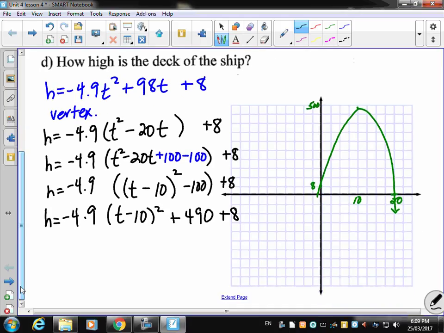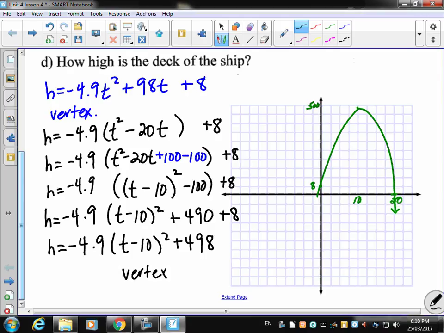One last line. I can put the two numbers together. Negative 4.9, t subtract 10 squared plus 498. What do you know? The vertex is 10 to the right, 498 up. So when it asks us, what is the maximum height?